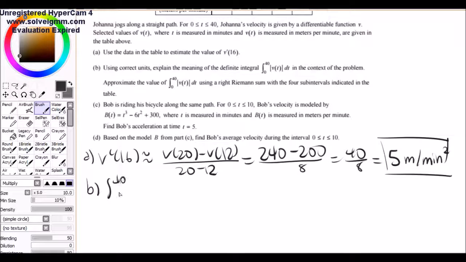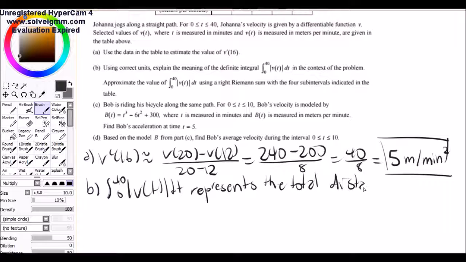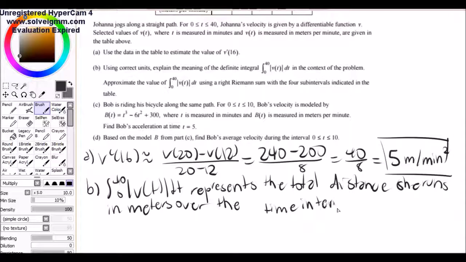This given integral, the integral of the absolute value of v(t) dt, represents the total distance she runs in meters over the given time interval, which is t is greater than or equal to 0 and less than or equal to 40.